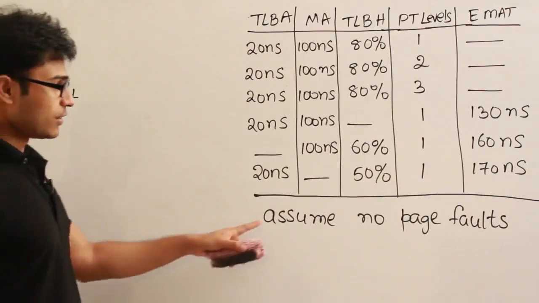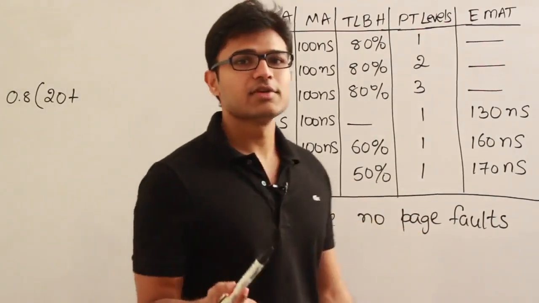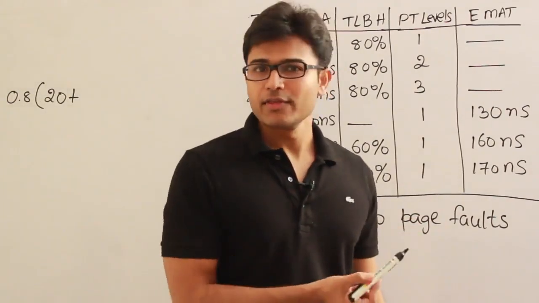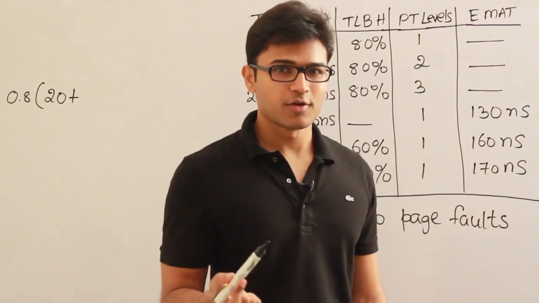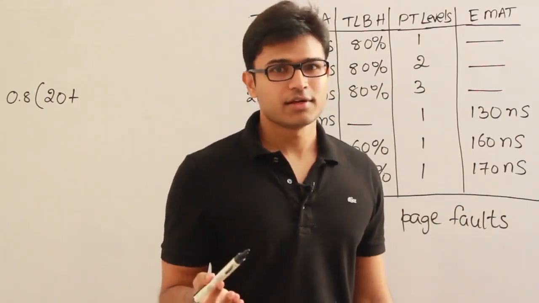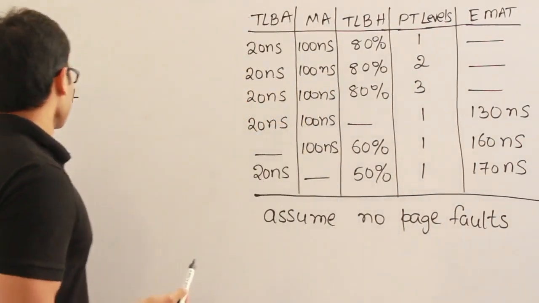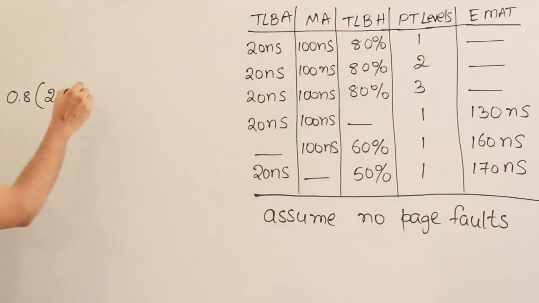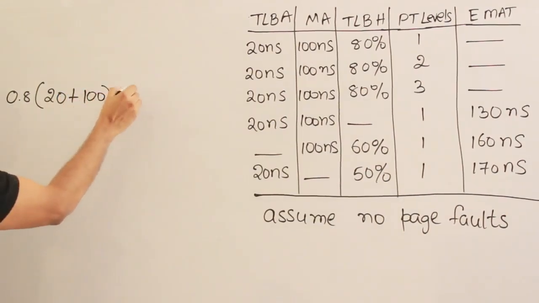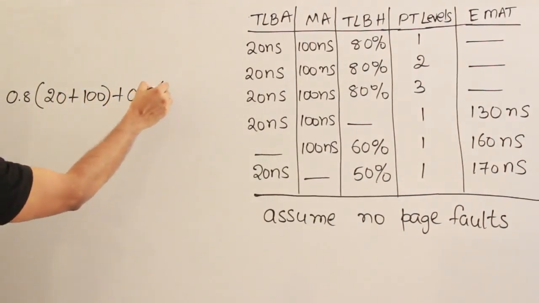And next, assume that there are no page faults. Once we get page faults into the picture, every problem becomes very complicated. We shall do that, but right now we focus on this. Now how much is this? 20 plus 100, plus 0.2 for the miss.